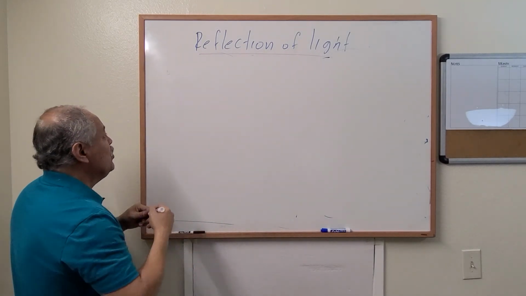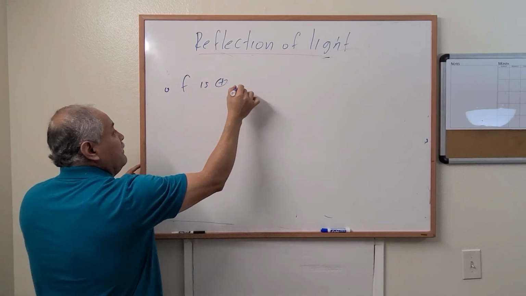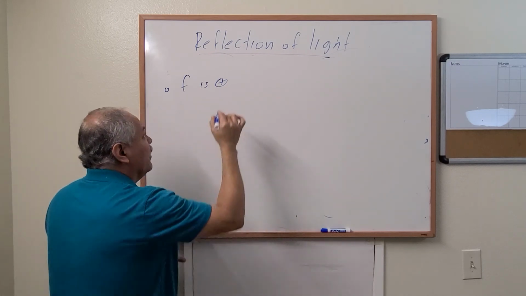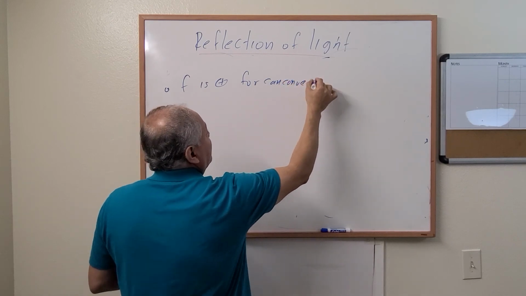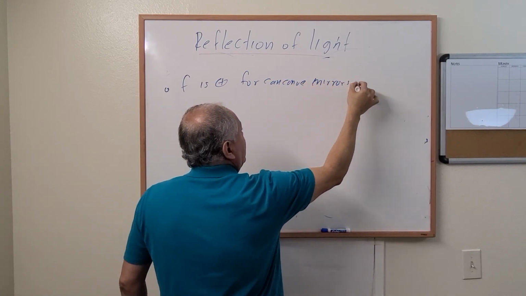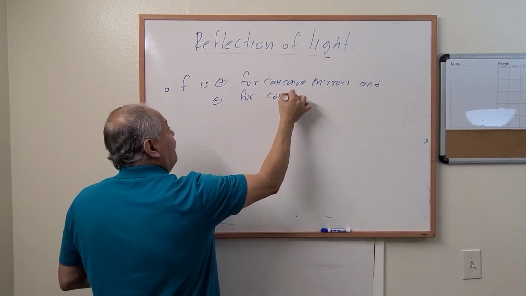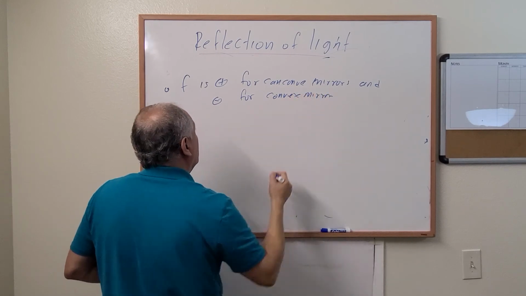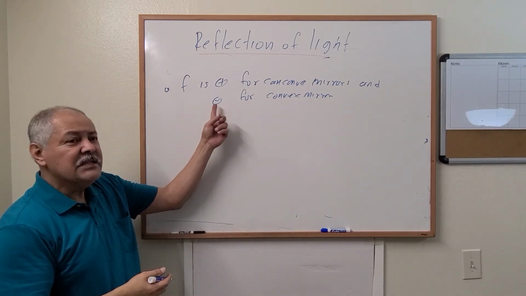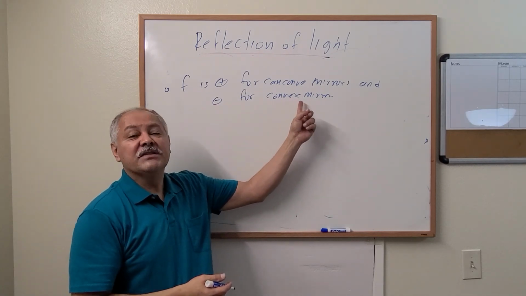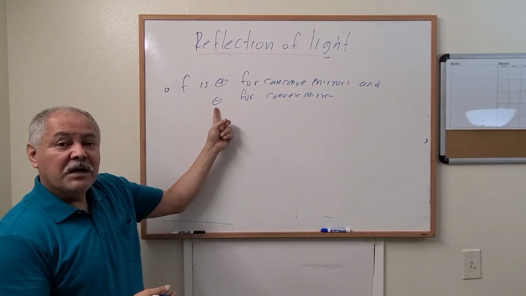Great, let's do it. So we have, for example, that F is positive for concave mirrors and negative for convex mirrors. So if we have a problem where the focal length is negative, it means the mirror is a convex mirror. Or if the mirror is convex, the focal length must be negative.